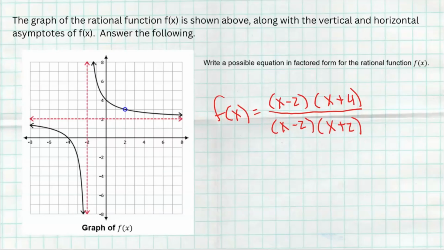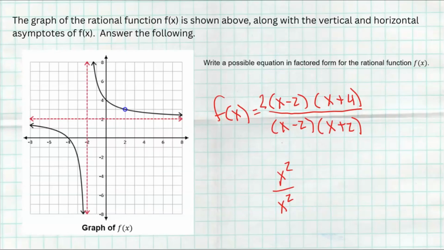Now, the only other thing that we have to account for is that there is a horizontal asymptote at 2. If I stop right now, I have an x squared as my leading term on top and an x squared as my leading term on the bottom. And to find your end behavior, or to find horizontal asymptotes, you divide those leading terms and I get 1. So if I leave it like this, it's going to produce a horizontal asymptote at 1, but I know there's a horizontal asymptote at 2, so I need to multiply by 2 out in front.